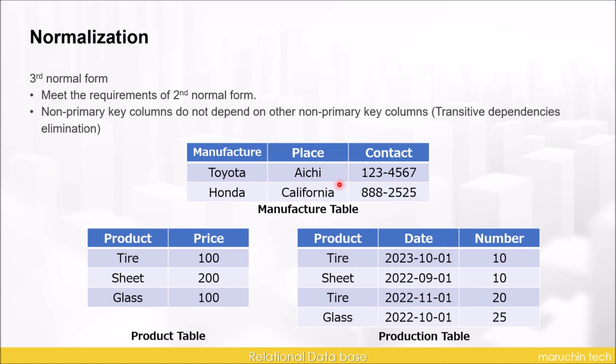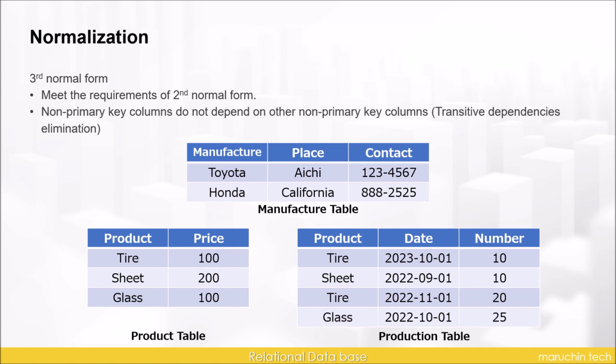In the manufacturer table, the key manufacturer uniquely determines the place and the contact information. In the product table, the price is uniquely determined by the product name.